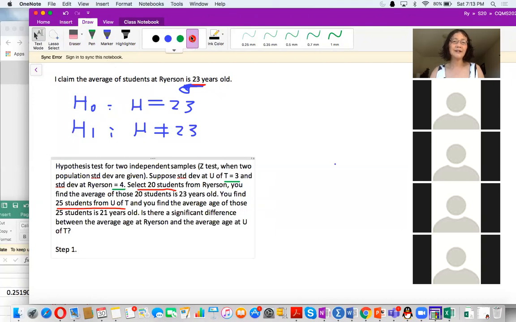Okay, so in this case, can anyone try what is my H0? What is my H1? Anyone want to try? How do you write down H0? And how do you write down H1?